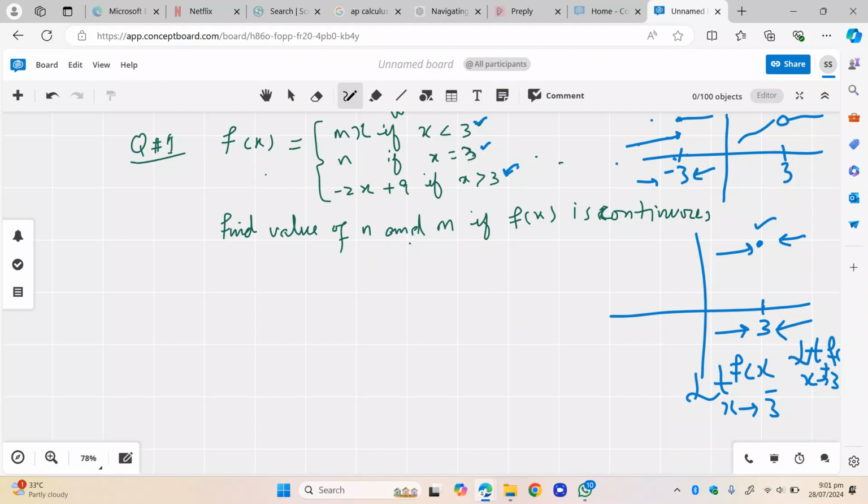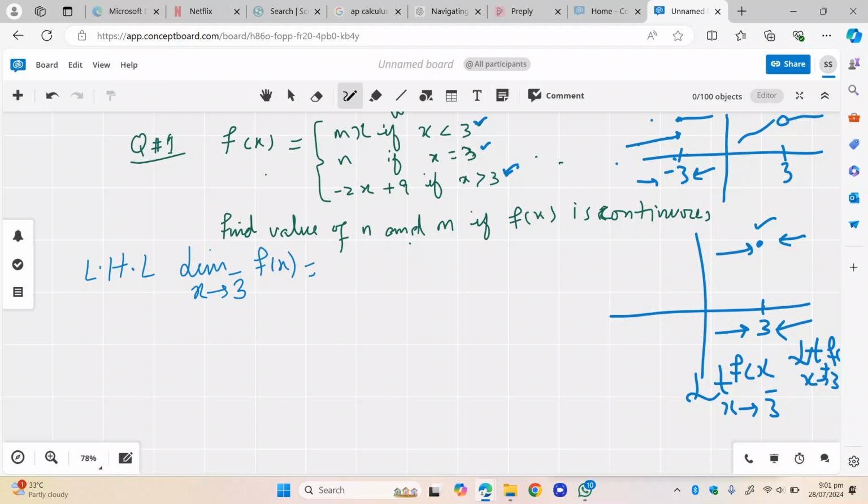So now let's come to this one. First we will use the left hand limit. For the left hand limit, we will use the limit as x approaches 3 from the left side of f of x.